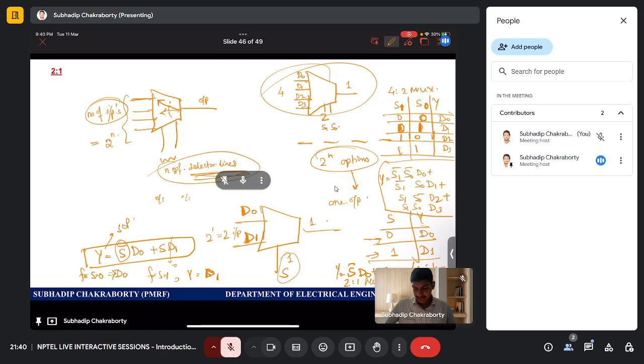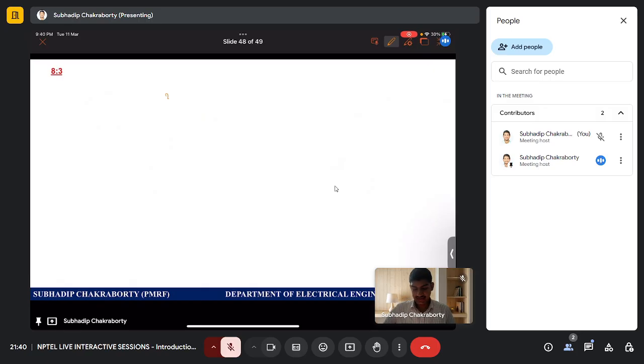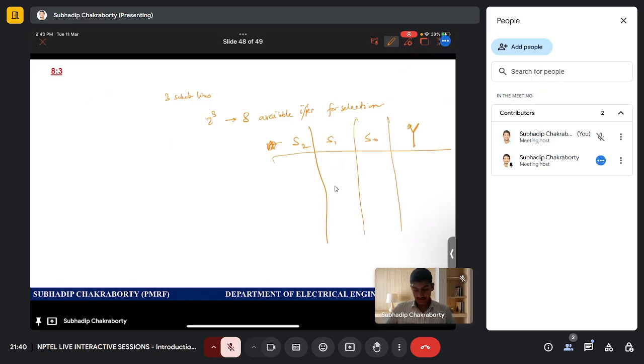Similarly, we have 8:3, with 3 selector lines and 2 to the power 3 available inputs for selection. Accordingly, you can draw the truth table for S2, S1, S0 and Y for this mux, where D7, D6, D5, D4, D3, D2, D1 and D0 are the 8 available inputs.